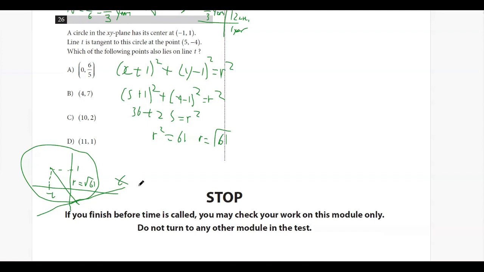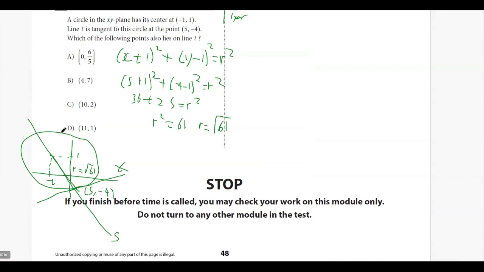So since we know the 2 points here, this is 5 comma minus 4 here. I can go ahead and calculate the slope of this line that's going straight downwards. So I'm trying to calculate the slope of this line S here.